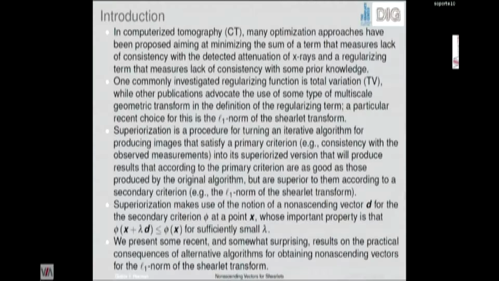Using the L1 norm of the Shearlet transform as a regularizing term is a reasonably good thing to do.